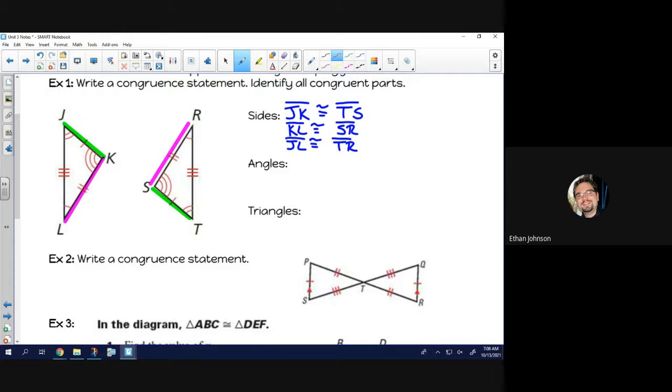As for the angles, because these are by themselves, we are going to just state the angle.